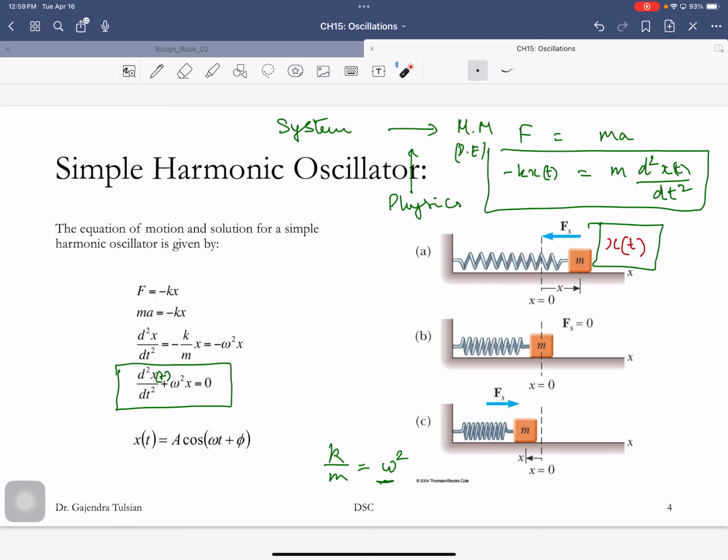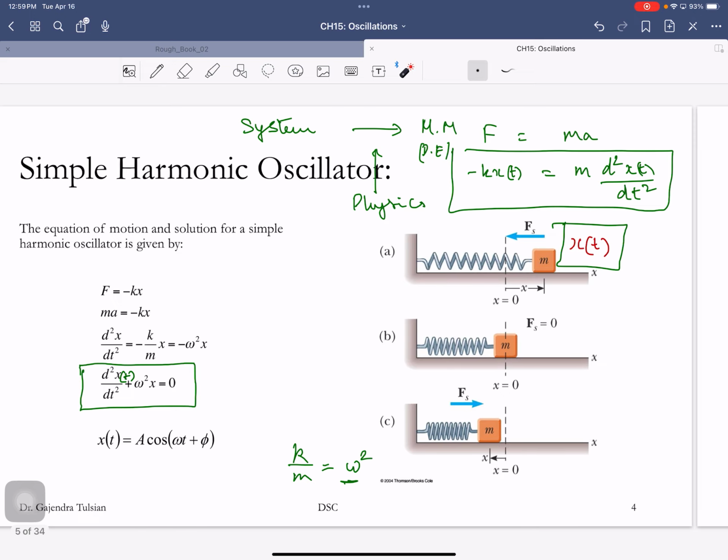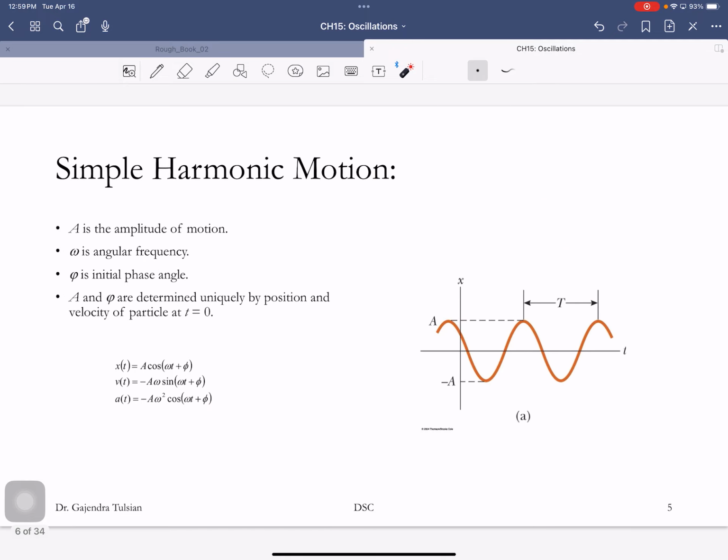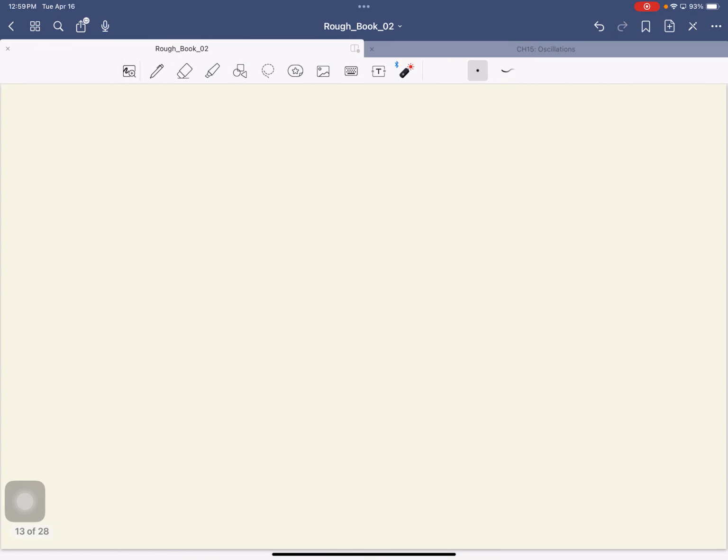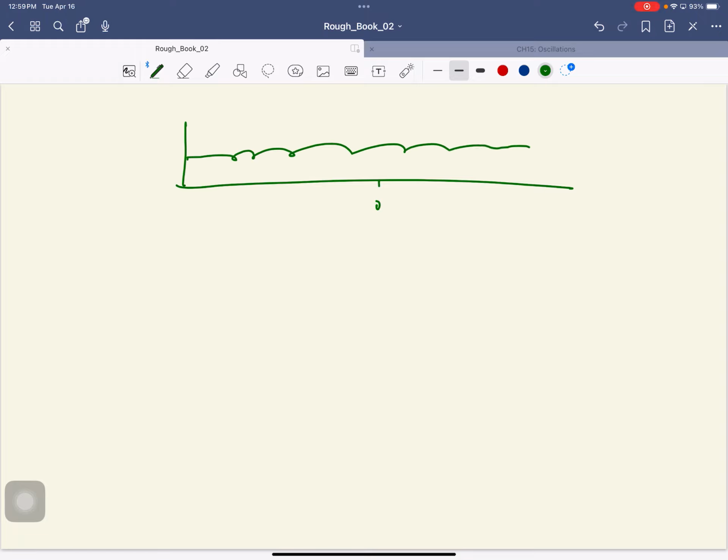We'll see that. For instance, let's say here's my initial condition. There's the equilibrium position. What I'm going to do is pull this mass to the side at a distance A, and let go of it. So what is its velocity at time 0? 0.